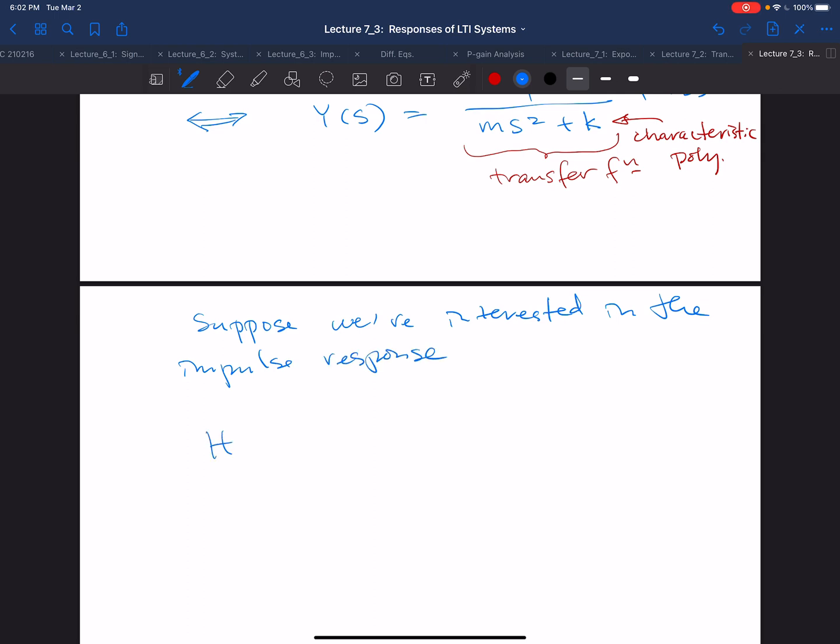So what we can do is take the transfer function H(s) and for simplicity, let's divide both the numerator and denominator by m, so we get 1 over s squared plus k over m. And then what are the roots going to be?